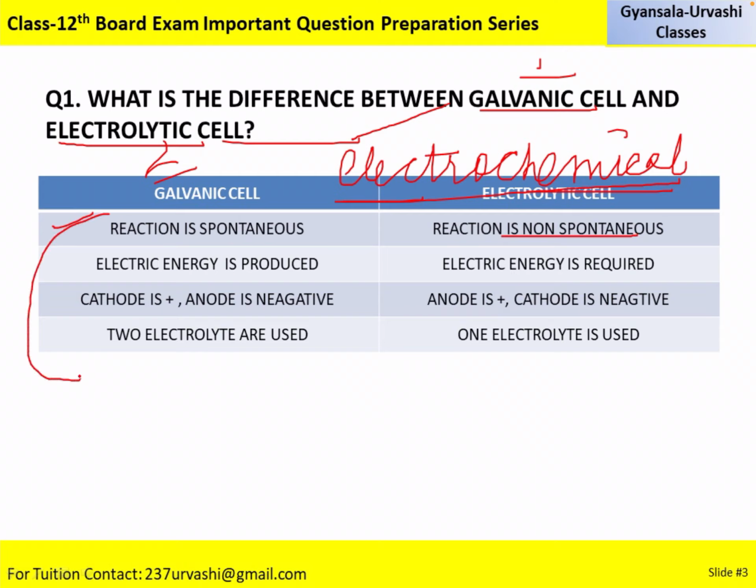Spontaneous means it can occur by itself. So it does not require any help from outside. If you are wondering help in what sense, it means you don't have to provide any heat energy, light energy or electrical energy to do this reaction. As soon as you put the electrolyte in a galvanic cell, the setup will be ready and the reaction will start proceeding.